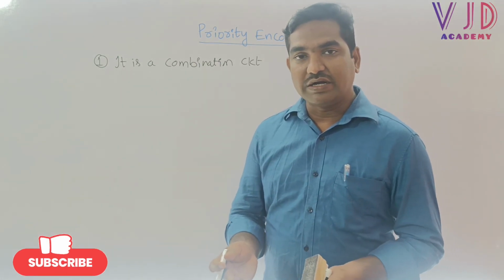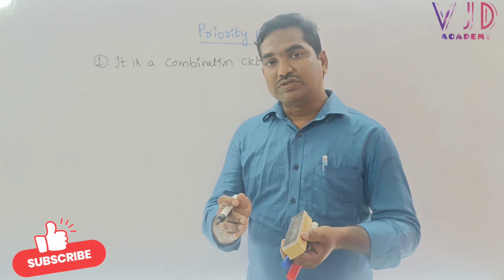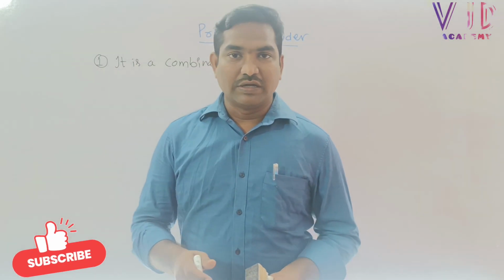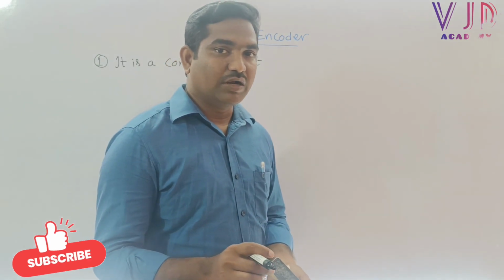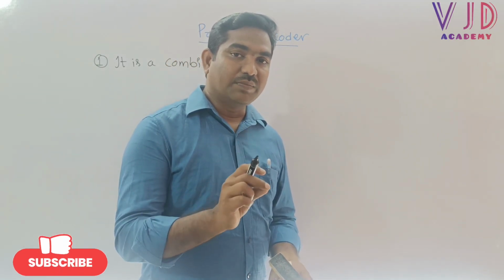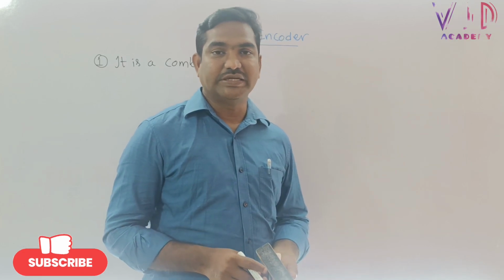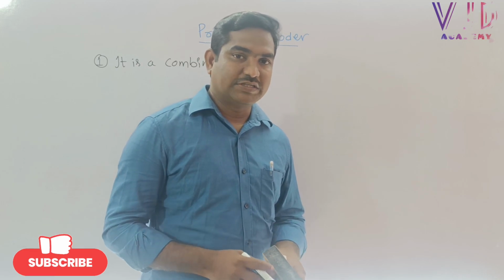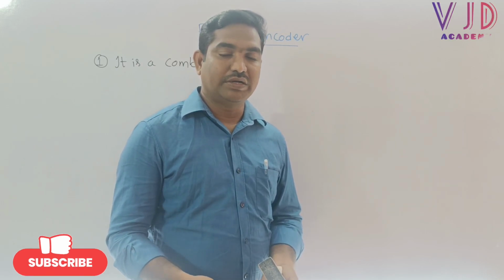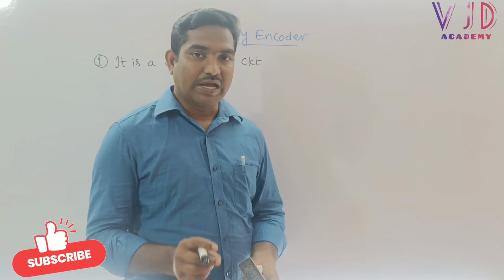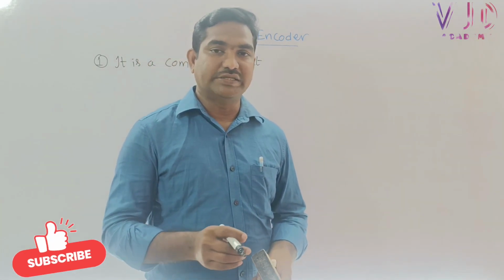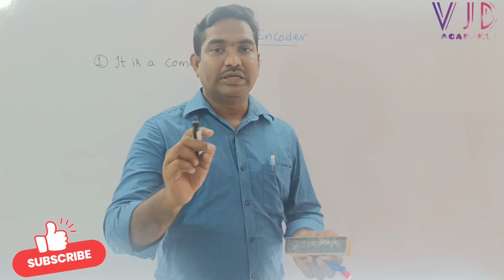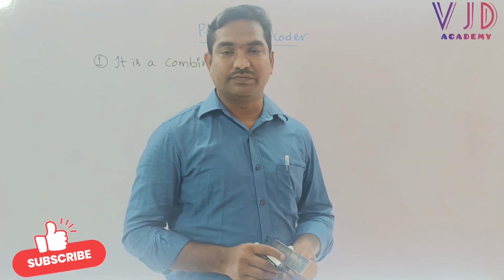In the process of conversion, the basic encoder converts only one bit in a sequence. First it will convert the 0th bit, then the first bit, second bit, third bit, fourth bit. We can say I0, I1, I2, I3, I4, I5, I6, in a sequence, converting one bit at a time from other codes to binary codes.